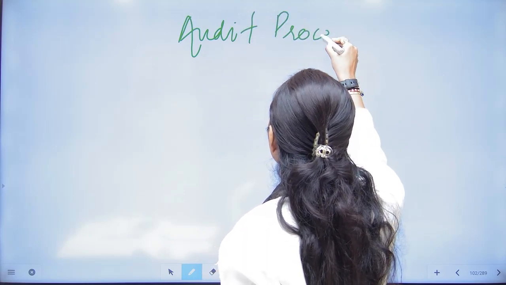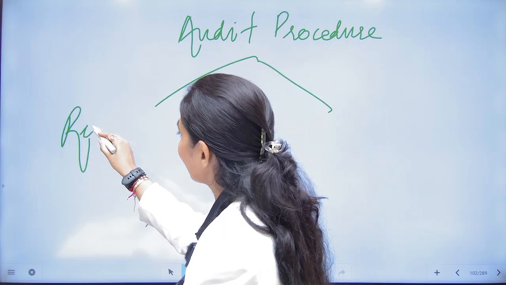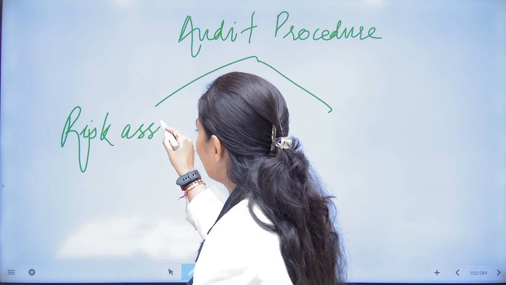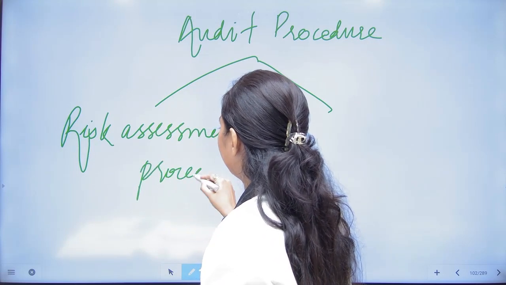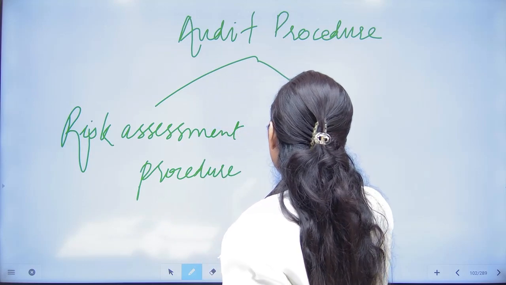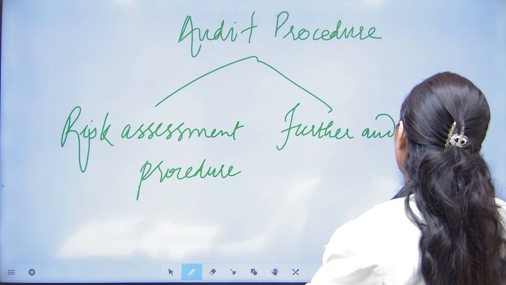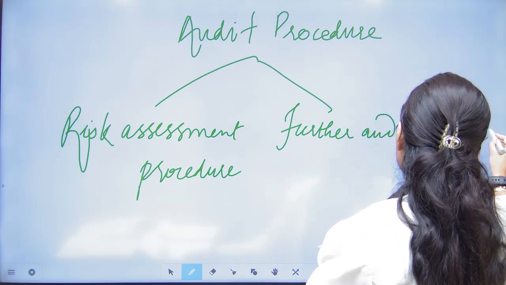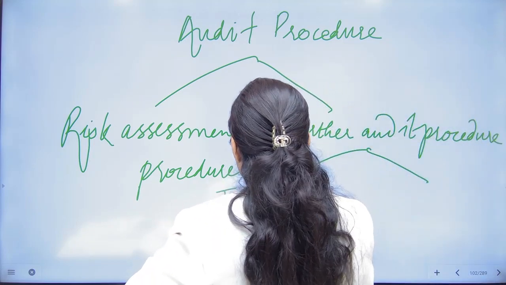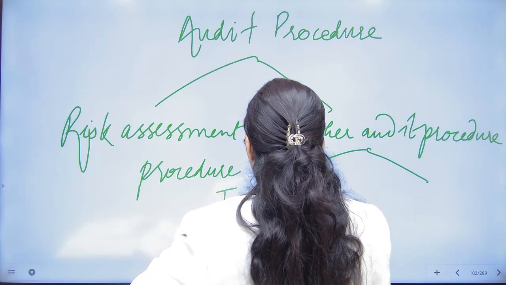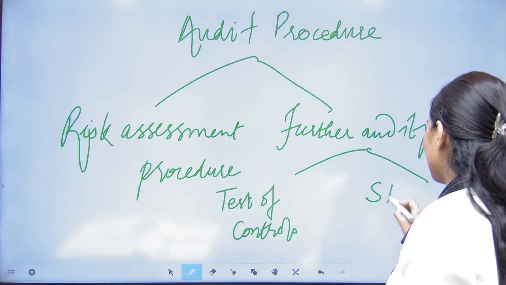Okay, so audit procedure has two types. First is risk assessment procedure. Second is further audit procedure. This further audit procedure is divided into two parts, and those are test of controls and substantive procedure.